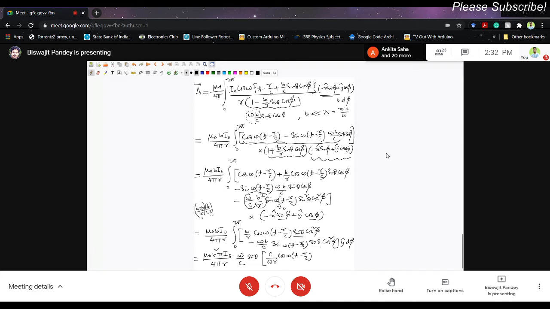Pi is kept outside, so there is only 1 by r. I have taken omega by c common, so I multiplied by c by omega, this one. Then minus, I have taken omega by c common outside, so that is not there. B is also taken outside. Only this term is there, sine of omega t minus r by c, right? And then y cap. So this is the vector potential, right? Mu 0 b square pi I0. Okay, I will write this term again in the next page before I simplify it.